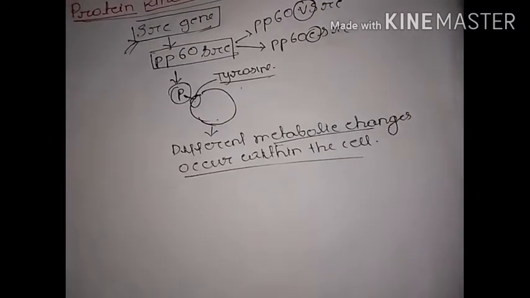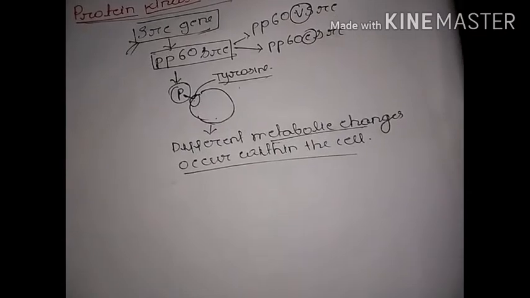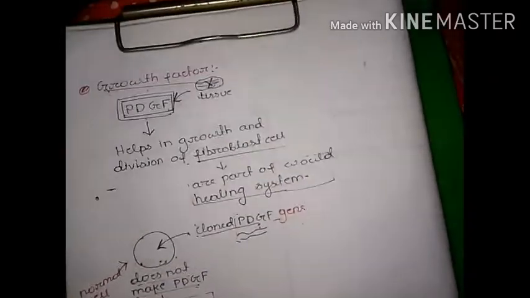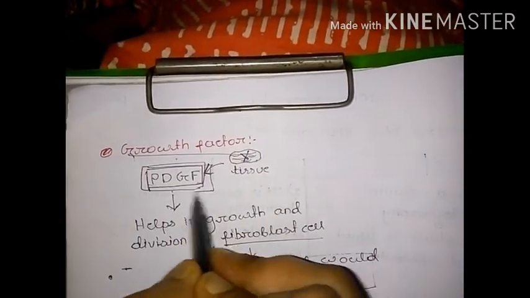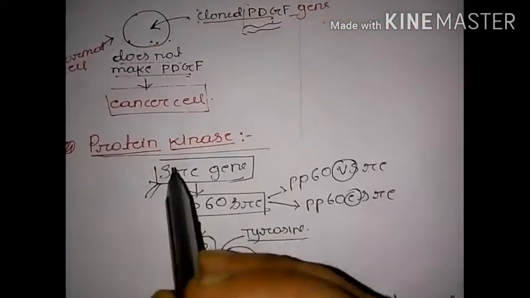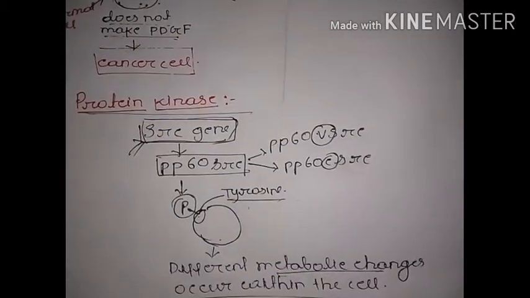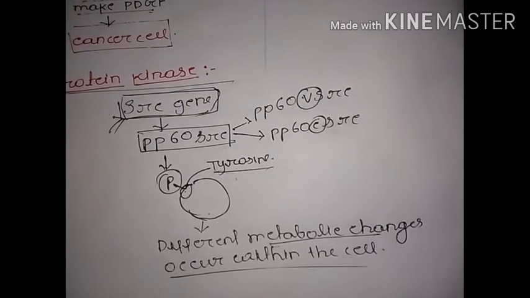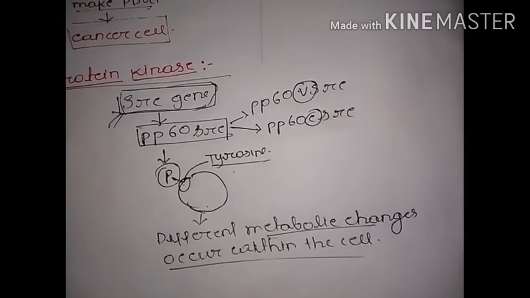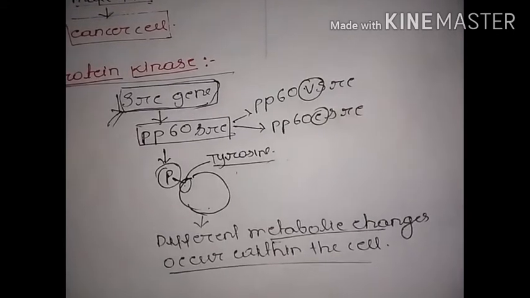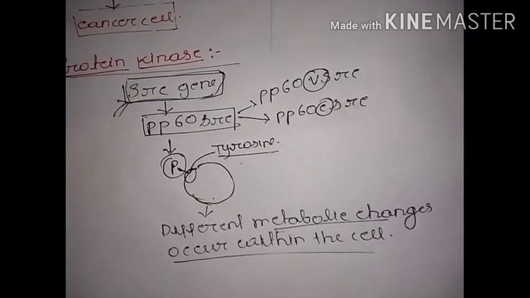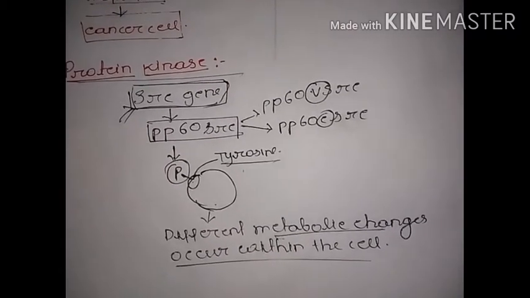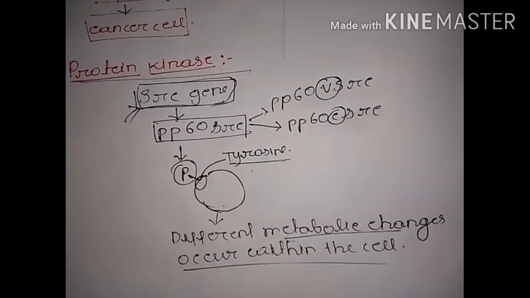When mutations occur in such types of proto-oncogenes, like membrane associated G protein RAS, in case of growth factor we take an example of PDGF, in case of protein kinase we take the SRC gene, the mutation in this type of proto-oncogene leads to transformation into an oncogene, and when a normal cell bears an oncogene, it loses its normal function and transforms into a cancer cell.